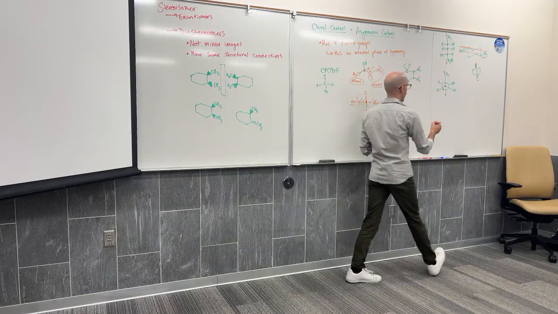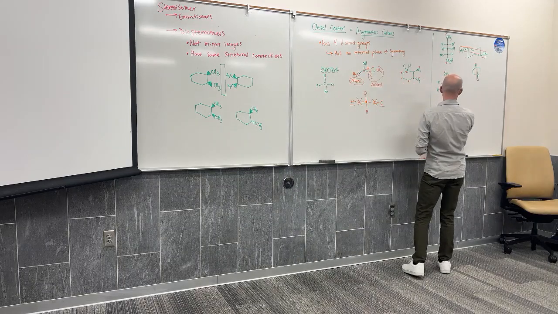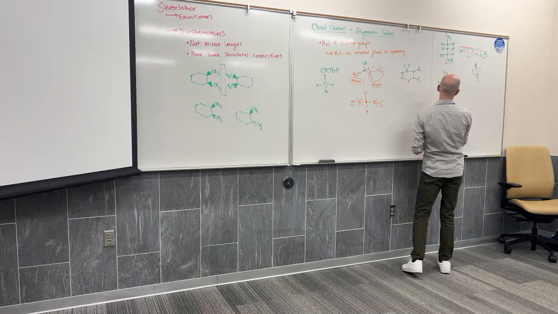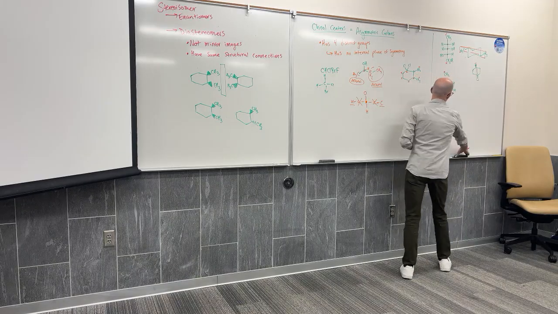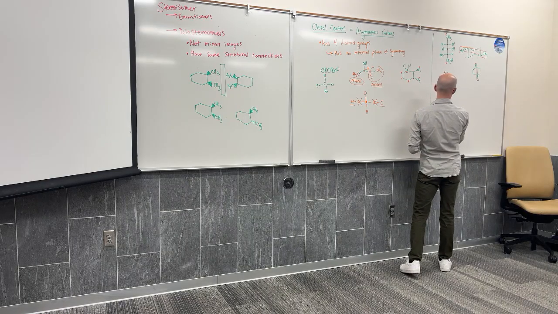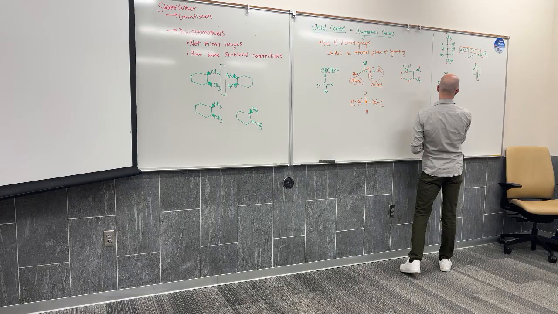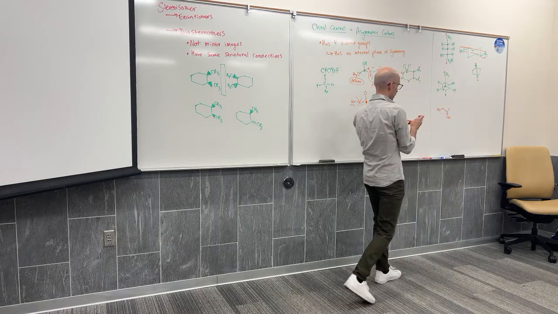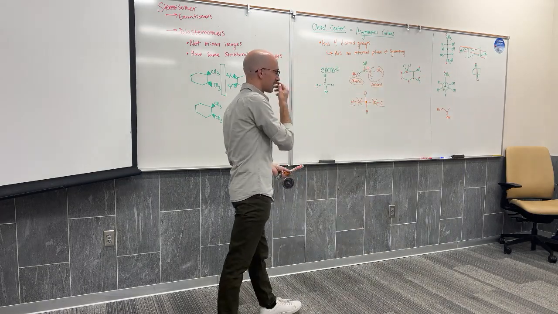Let's look at this bond line structure. I'm going to try to draw it in a way that you could model it. It's not going to be perfect, but it looks something like this.